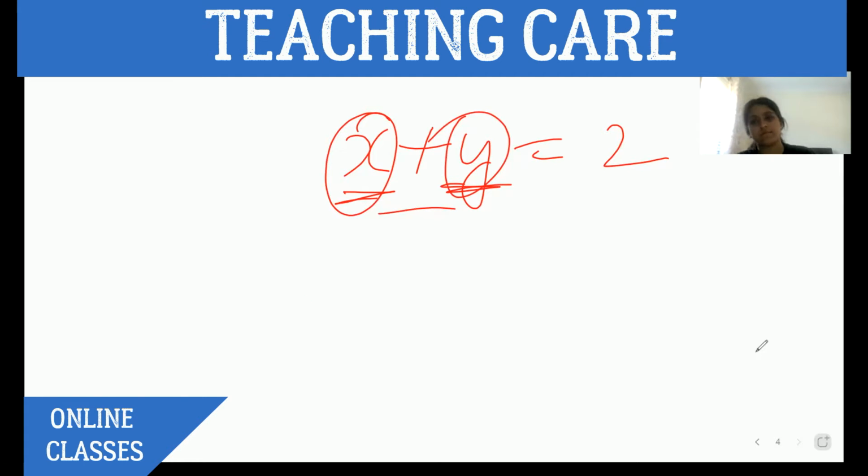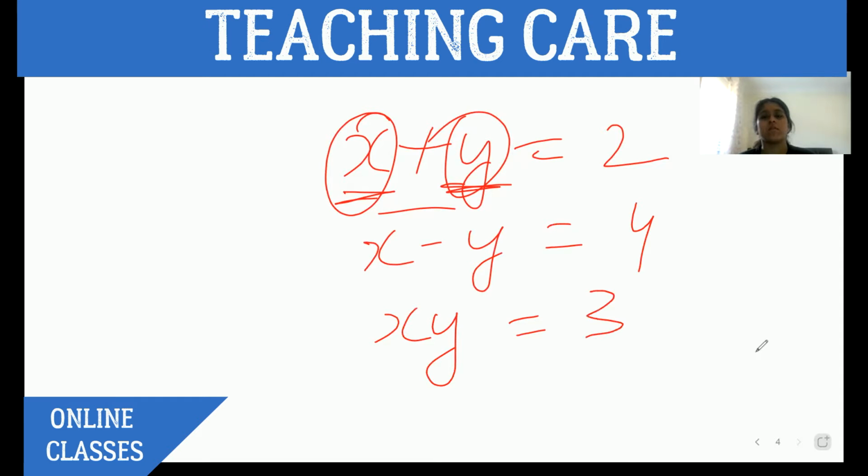So to solve it without knowing the value of either variable, I need one more relation between them. Either x minus y is equal to, let's say, 4, or x into y gives me 3, or x divided by y gives me 5, something like that. At least two relations I require so that I can solve it.